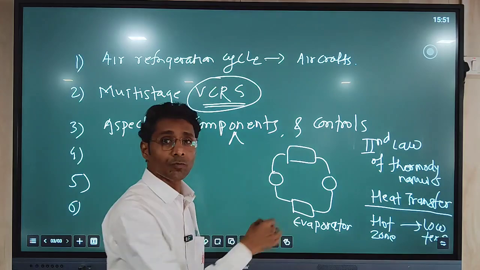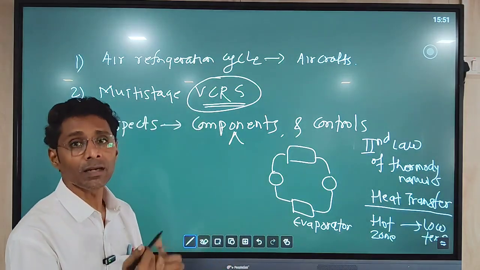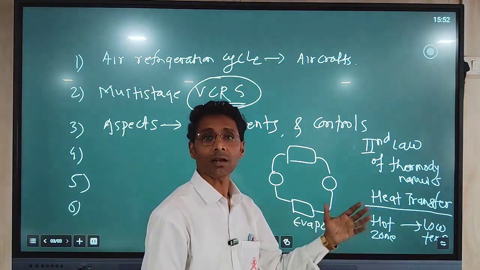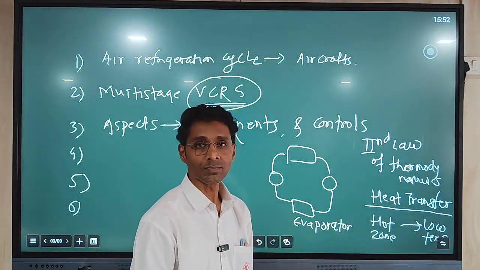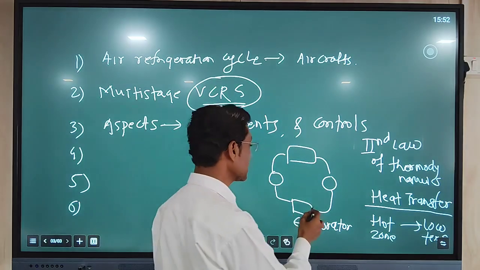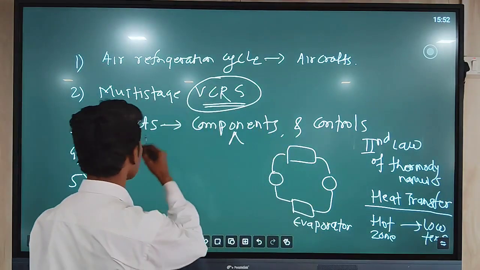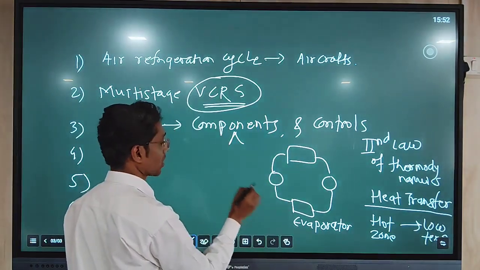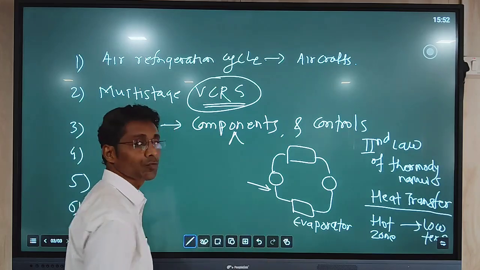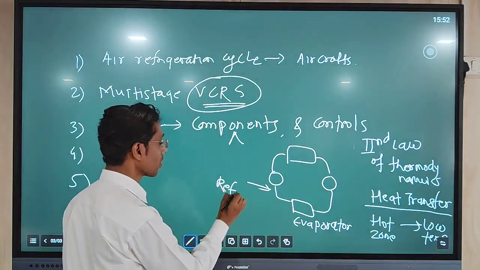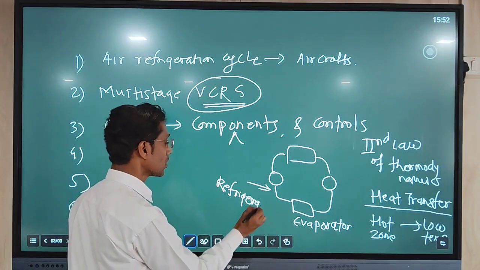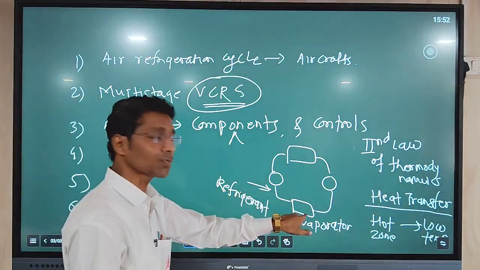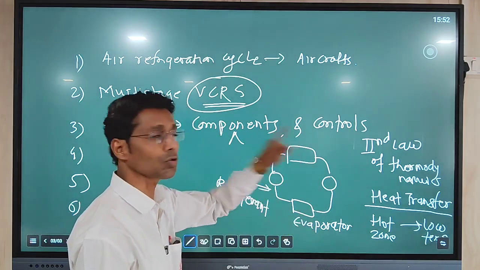Now through this tube we need to use some medium to carry the heat, because we know that heat is transferred with the help of some medium. So in a VCRS system, we use the medium called refrigerant, the substance which is circulated through this system in order to transfer heat from this location to this location.